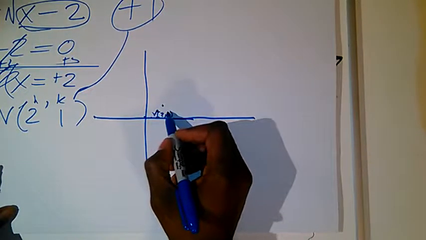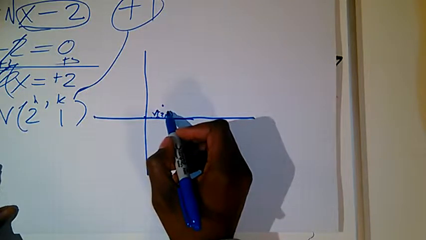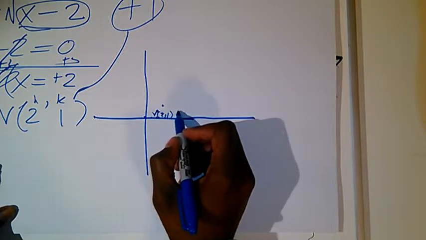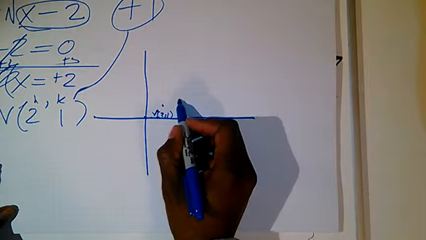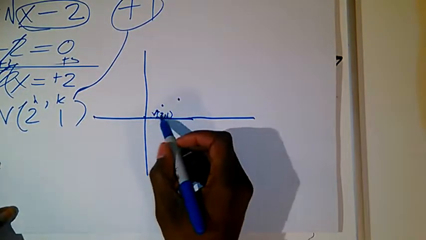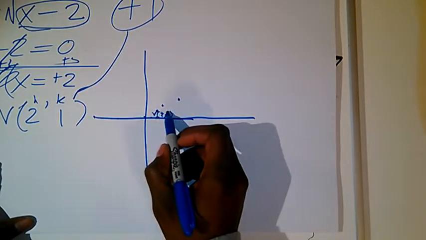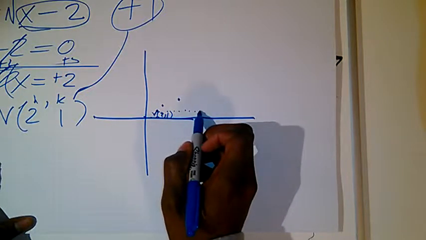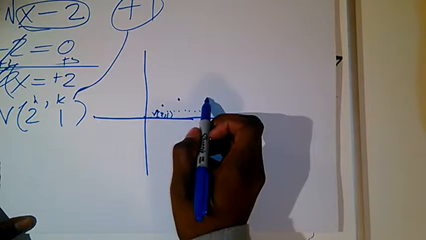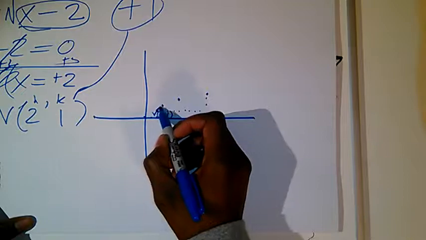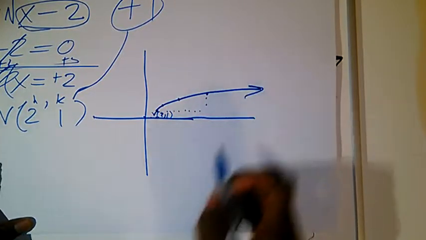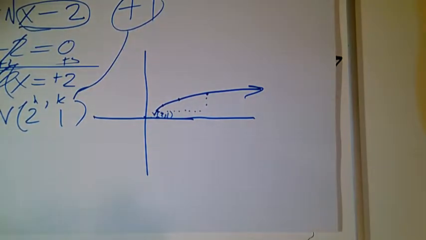Square root of 4 is 2: 1, 2, 3, 4, up 2, 1, 2. And let's just do another one. The square root of 9: 1, 2, 3, 4, 5, 6, 7, 8, 9. The square root of 9 is 3: 1, 2, 3. Then we just connect the dots. Okay? And that's how easy it is.